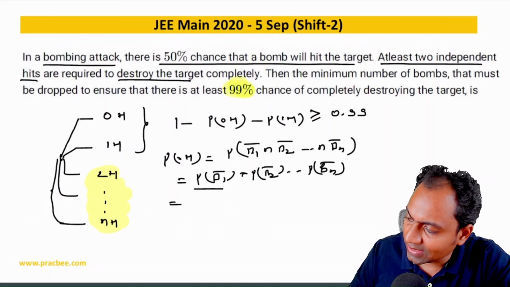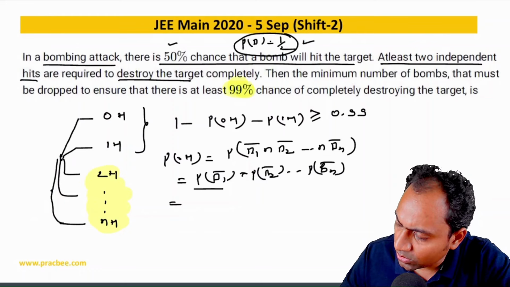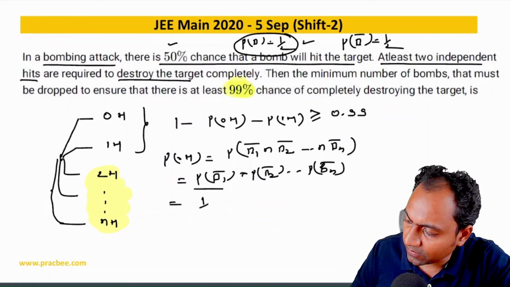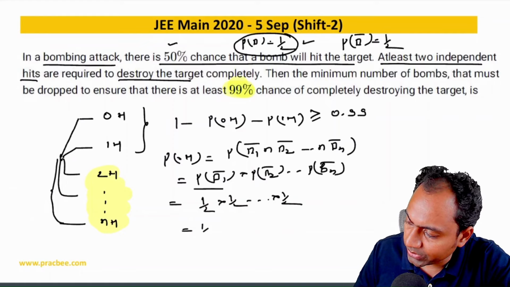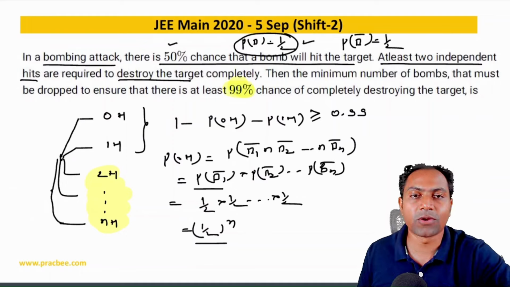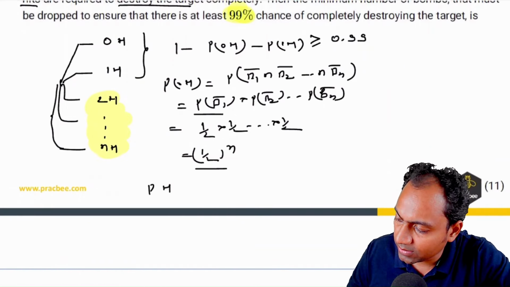See, now for bombing, the probability is given as 1 by 2. So the probability that B does not happen is also 1 by 2. So this we can replace by 1 by 2 into 1 by 2, and this becomes 1 by 2 raised to the power n. So we have figured out the first part. Now let us try and figure out the probability of 1 hit.